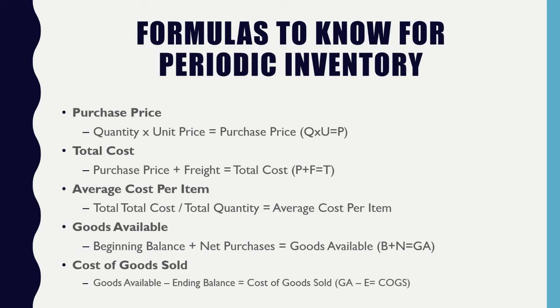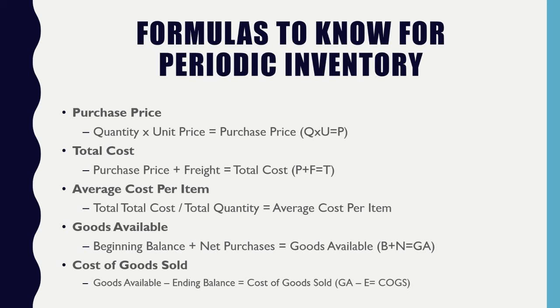So instead, what we would do is purchase all our inventory, take the total cost of all the inventory that you bought, and divide it by the total quantity to get an average cost per item.